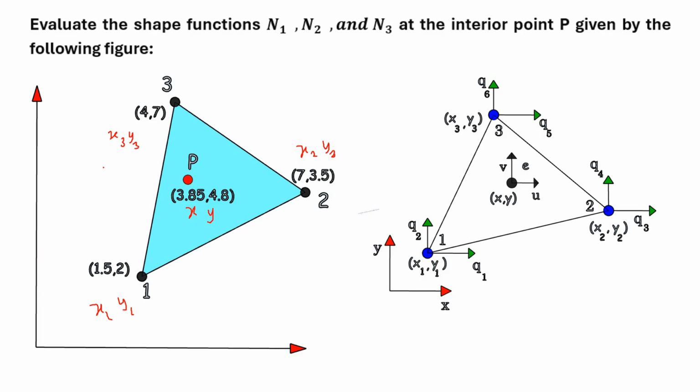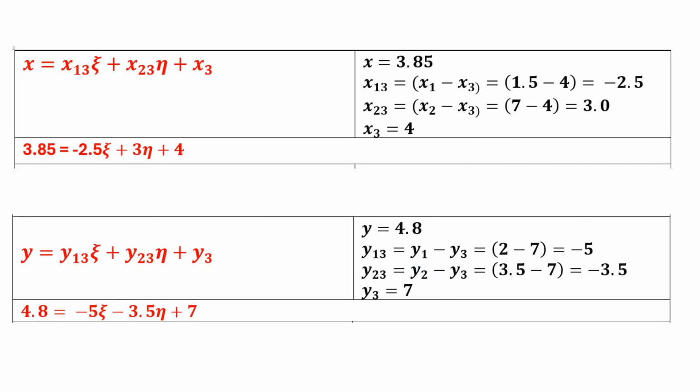Now, using this data of Cartesian coordinates for three nodal points and the Cartesian coordinates for a particular point inside the triangular element, we are able to find the values of N1, N2, N3.